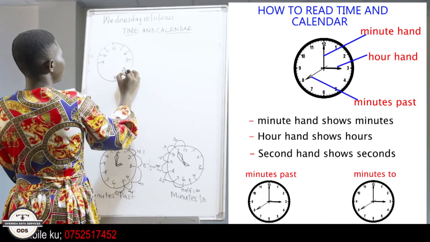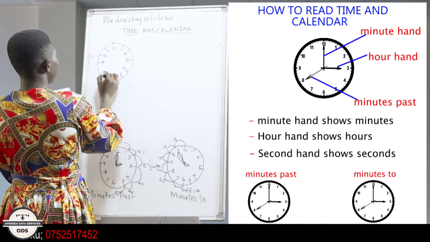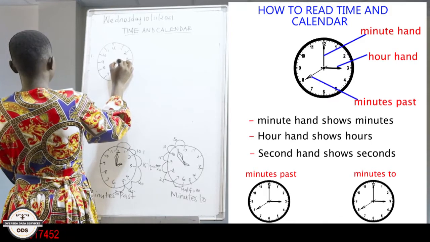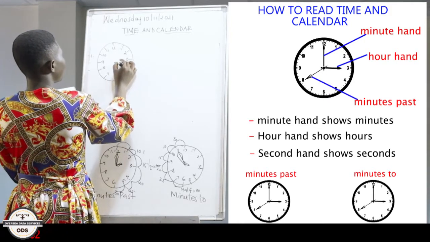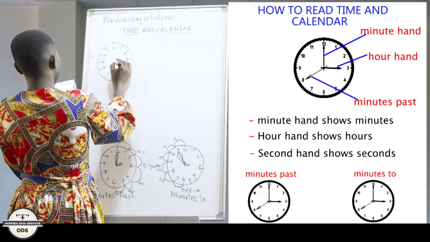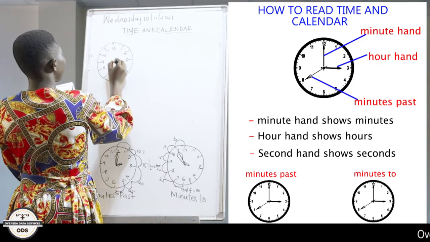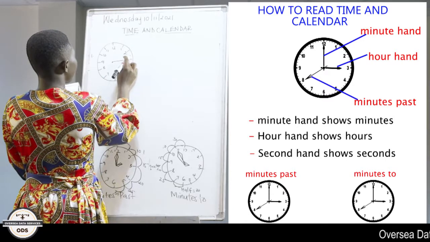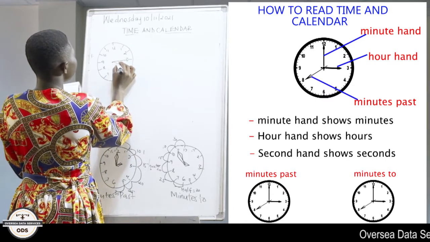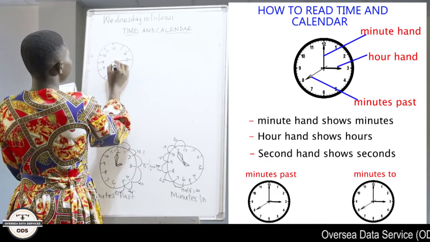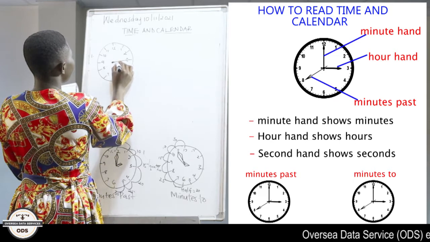Here we have 4 and 5 here. 7 and 8. And as I told you, the minute hand is longer than the hour hand.